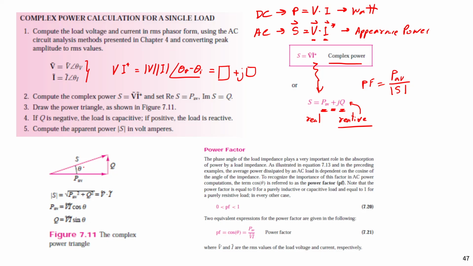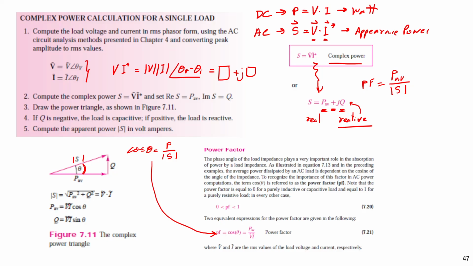So what is cos theta here? It is P divided by S, and cos theta is the power factor. It's the same value. So the power factor is the cosine of this angle.